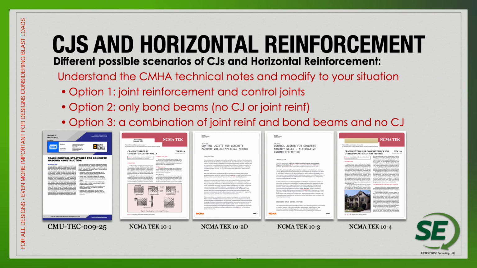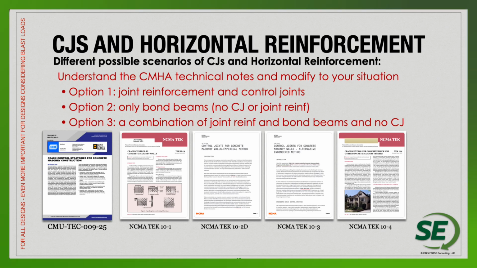Really, with those different guides, we have these 3 different options for control joints and horizontal reinforcement. Option 1 is some minimal reinforcement and then some regularly spaced control joints. That's a pretty standard way to build with masonry throughout the country.